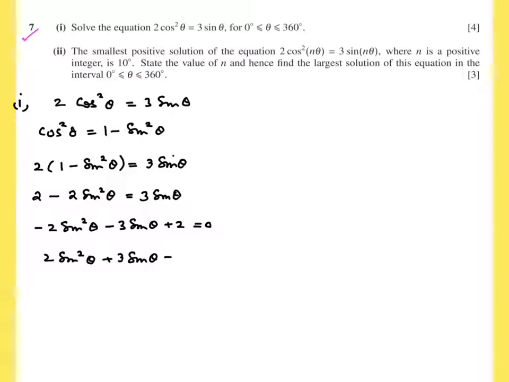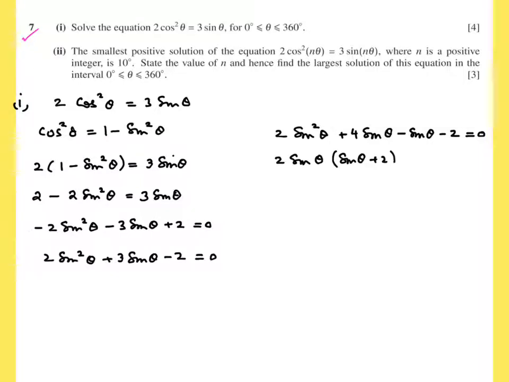Over here, sine theta is like x square. Sine theta is like x, and the constant definitely is a constant. Constant can't be changed. If I do the middle term factorization, and if I break it up, I simplify it, and what do I get? 2 sine theta bracket sine theta plus 2 minus 1 bracket sine theta plus 2.